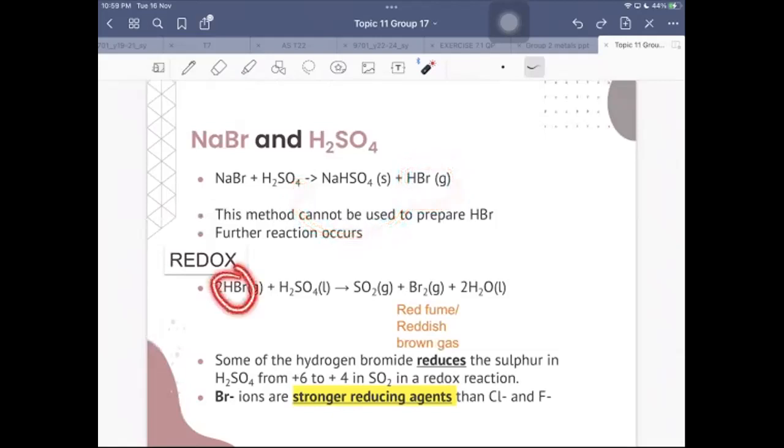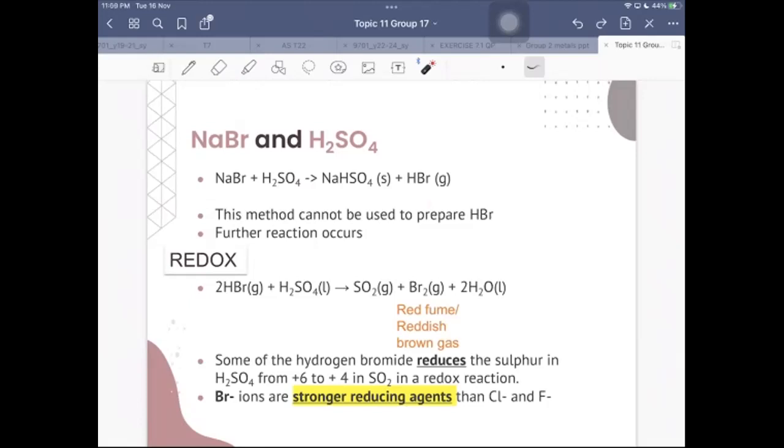The hydrogen bromide gas will reduce sulfur in the sulfuric acid to sulfur in the SO2. So you will see that the oxidation number of sulfur will change because it's reduced. That means it should decrease. And the oxidation number of the Br atom will increase. Remember, reducing agent reduces other people. In this case, it reduces sulfur, where itself is being oxidized. Right?